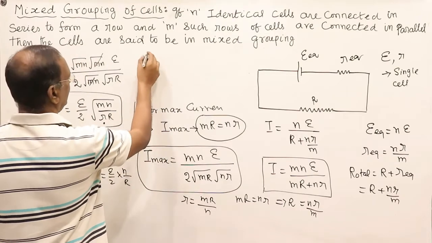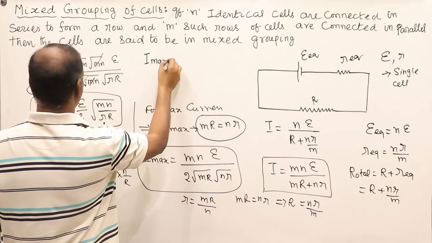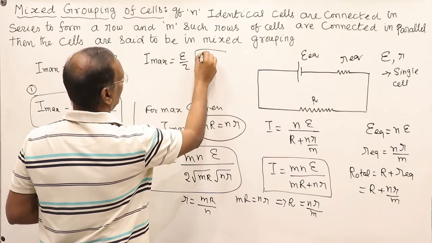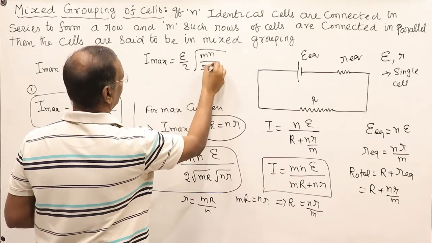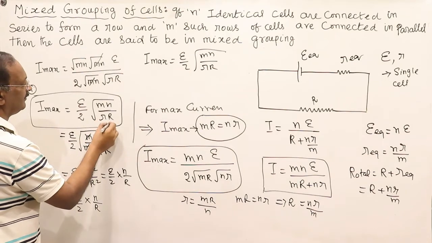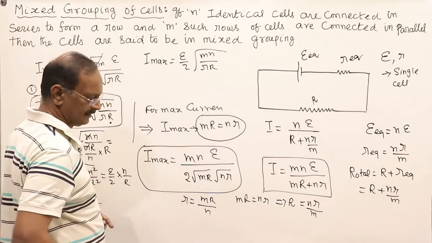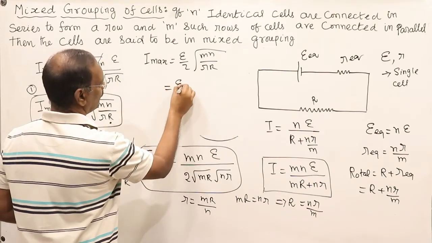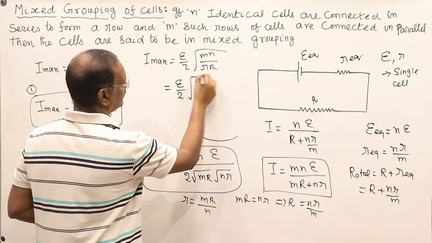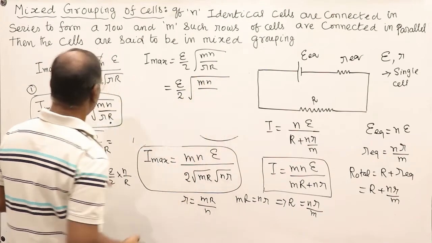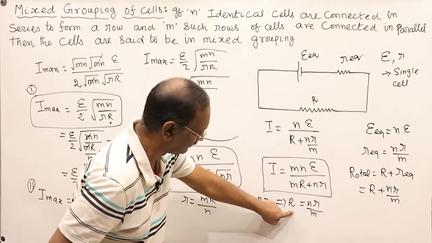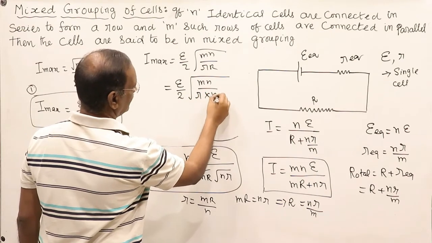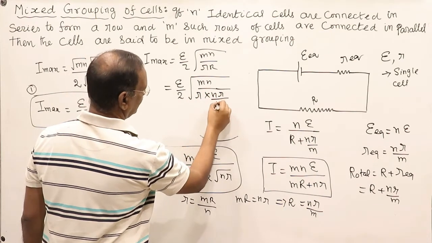We are taking everything from the I max, which is equal to epsilon by 2 into under root m n divided by R. Previously we replaced this r, now we will replace this capital R. So this is equal to the EMF of a single cell divided by 2 into m into n divided by R. Now we are going to replace this capital R, that is the external resistance, which is equal to n r divided by m.